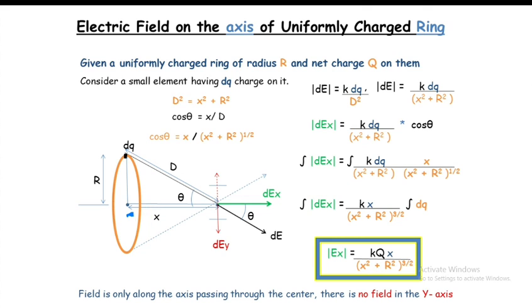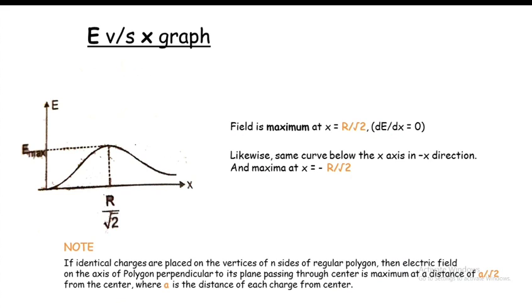As we move away from this center, electric field increases and then decreases. So there is the maxima here, which is equal to r by root 2.